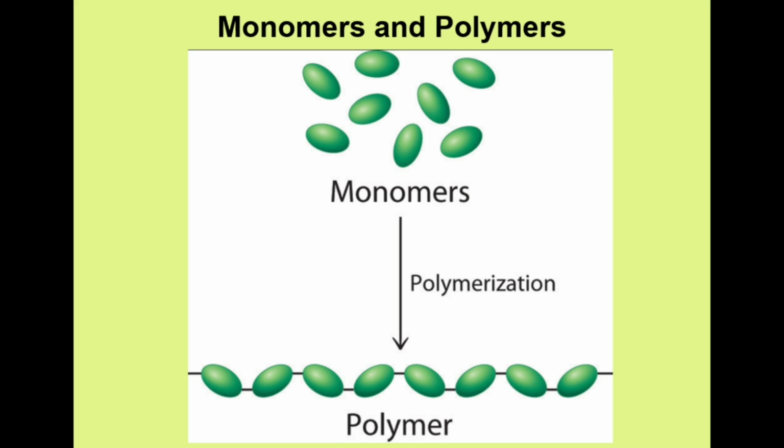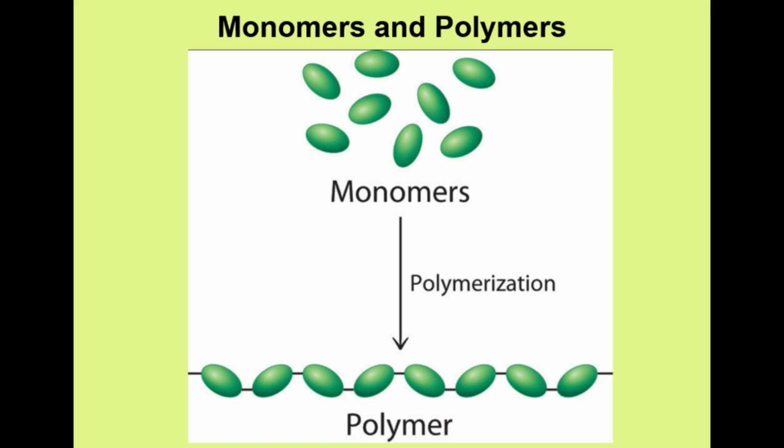If we start joining those together, as you can see at the bottom there, we go through a process called polymerization. And this is the joining together of the individual monomers. At the bottom there, you can see that they are now forming a long chain, and we would refer to the long chain as a polymer. It's a bit like taking a bead necklace.